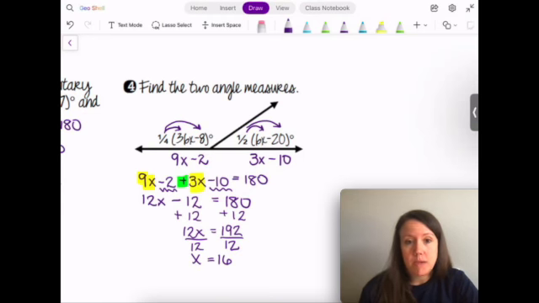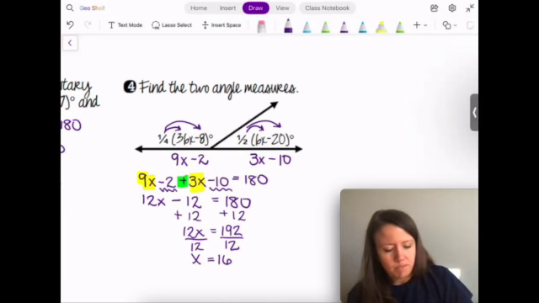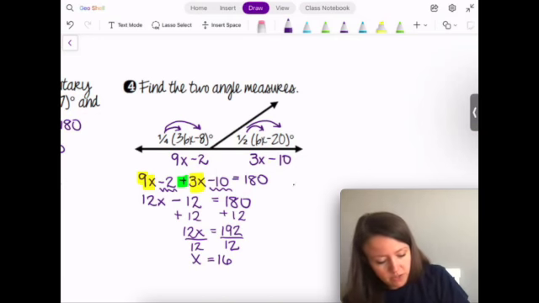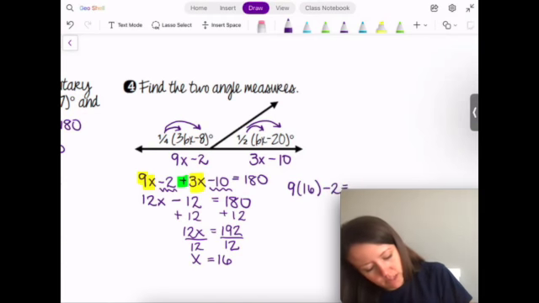You can sub it back into the one with fractions. That's fine. With a calculator, that's not very hard. I'm a little lazier than this. I'm actually going to plug it into the 9x minus 2, but instead of x, I'm going to put 16, which will give me 142 degrees.